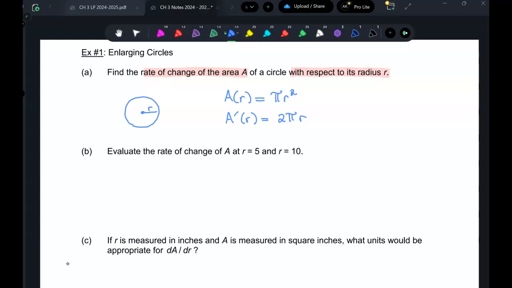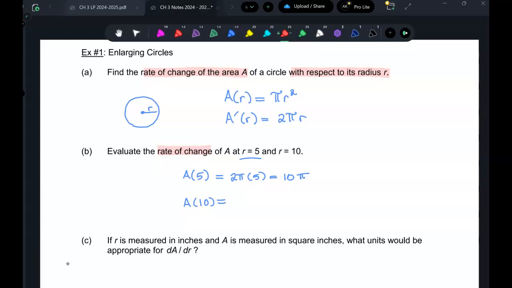Okay, now we want to evaluate the rate of change of A at r equals 5 and when r equals 10. And we don't have to plug this into our calculator. We'll just leave it in terms of pi. So plugging in 5 will give us 2 pi times 5, which is... Oh yeah, we're plugging it into the derivative because we're asking specifically for the rate of change.